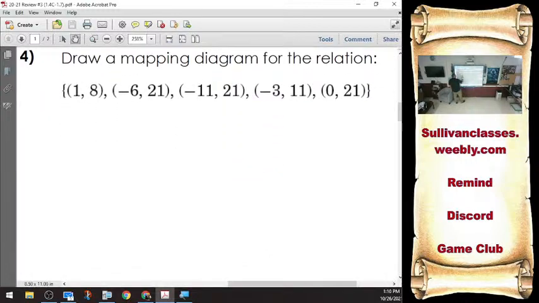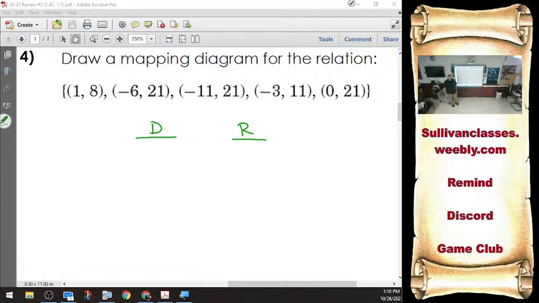Same thing's happening here, except the coordinates are already listed for me. Pay attention to the directions. What did it say? Mapping, not just list, domain, and range. The mapping is where I have my domain and my range, and then I connect the dots.